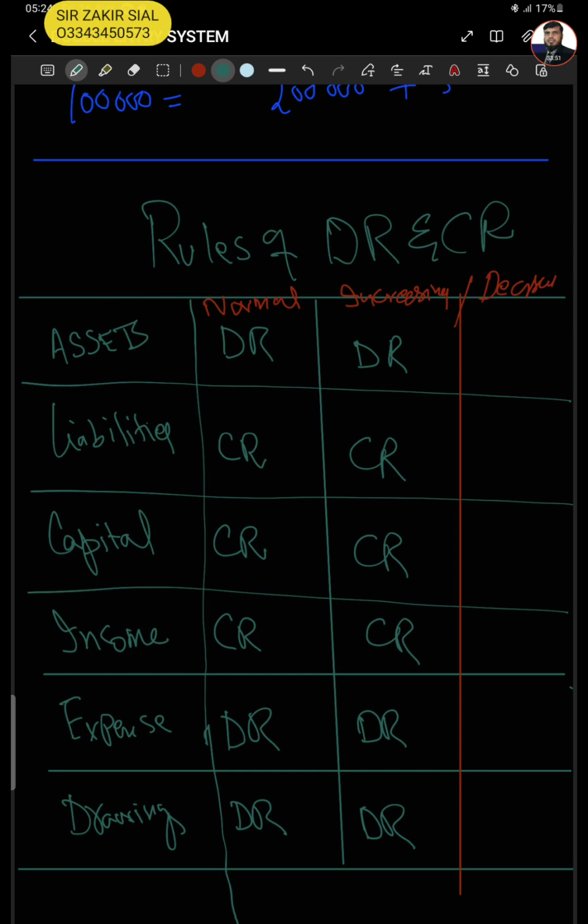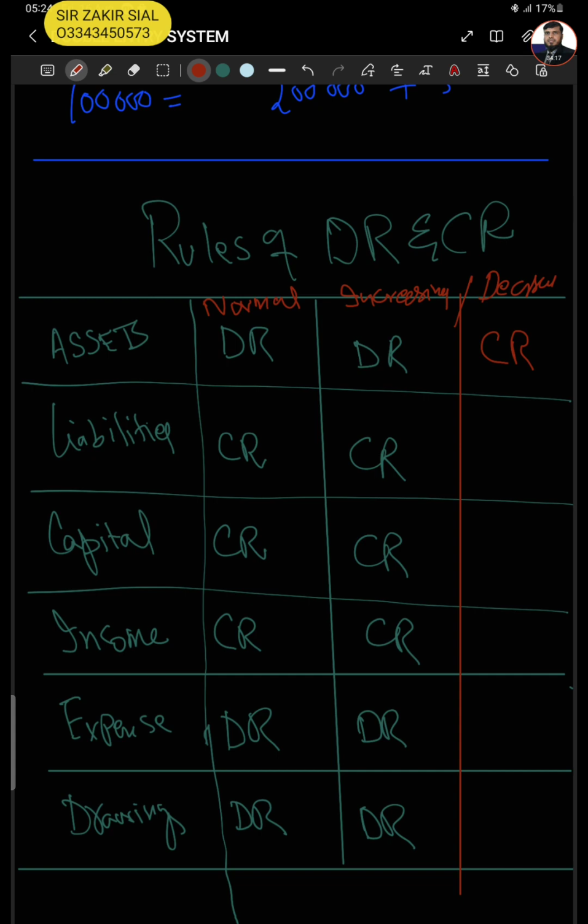But if these are decreasing, then we write on the opposite side. If assets are decreasing, we write on the credit side. Normally, assets are written on the debit side. If increasing, on the same side. If decreasing, then we write on the credit side, on the opposite side.